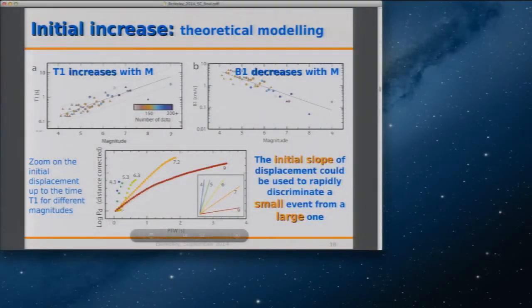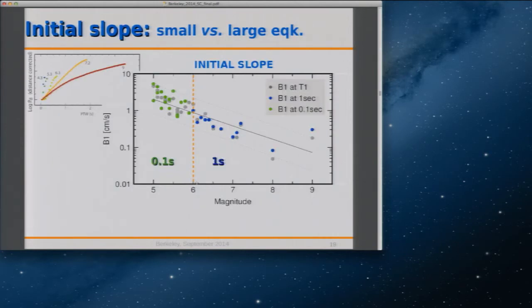So this is a figure showing how the peak displacement changes as a function of time for different magnitude. So you can clearly see how the slope is changing when passing from magnitude 4 to magnitude 9. So if we were able to measure the slope in real time, we could rapidly discriminate a small event from a large event. Now the question is, how quickly we can do that?